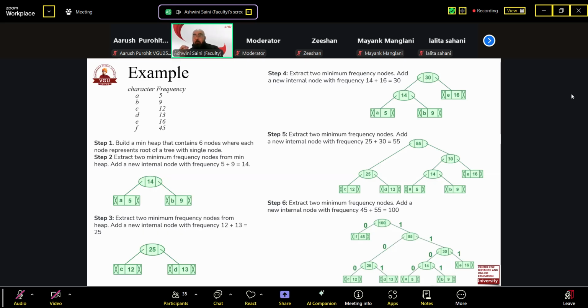We were starting with A, then B is greater than A, so it was on the right side, and we were making the total of A and B. Thereafter, we had another sequence, C and D, and the total of C and D is on the upper side. Then with each character, we were adding the character.